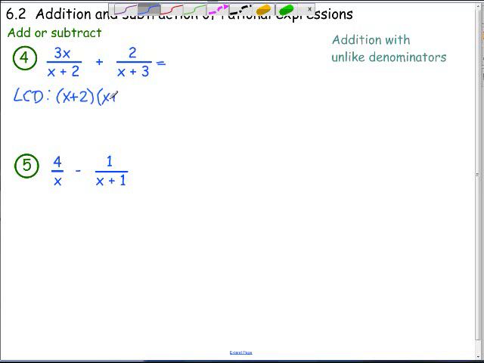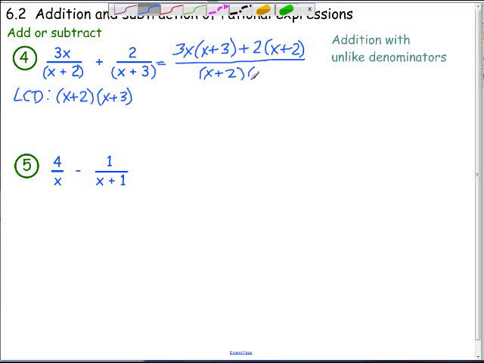This is going to be one binomial times the other binomial, the smallest common denominator we can find, which means that we're going to say 3x times what's missing here, and what's missing here is my x plus 3, plus 2 times what's missing in this one, which was x plus 2, and that's all over the common denominator of x plus 2 times x plus 3.